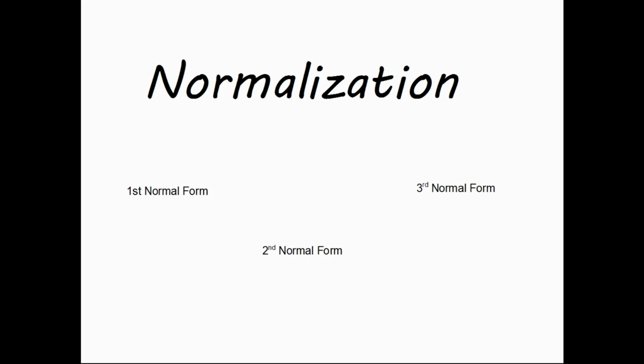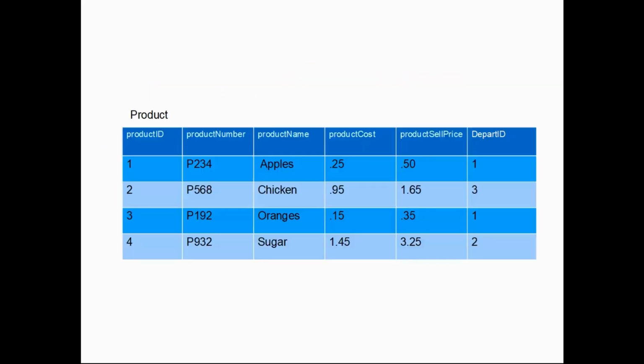First I'm going to cover some basic stuff. The first thing I want to talk about is what is a table. This is a representation of a table. We use tables to store our data. It's just a two-dimensional representation of columns and rows.